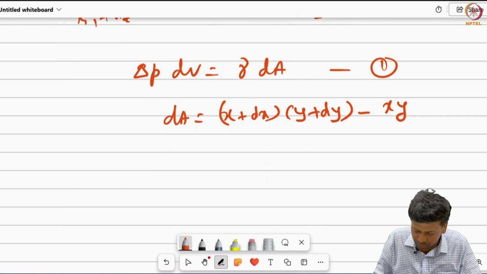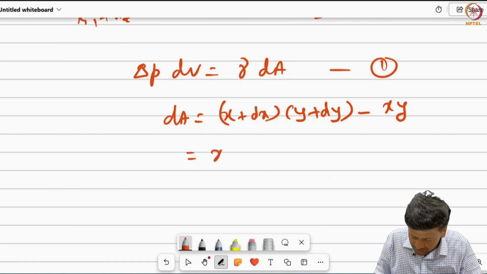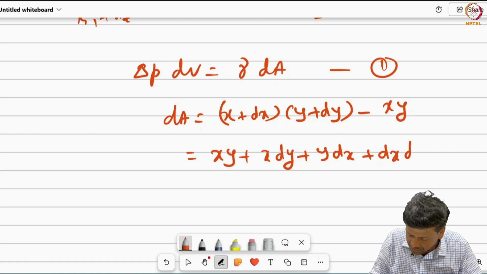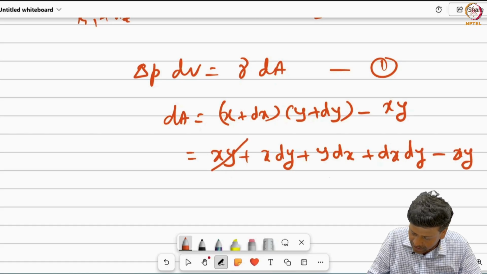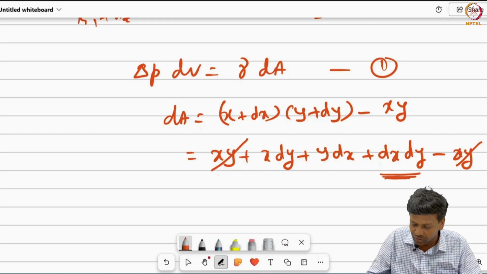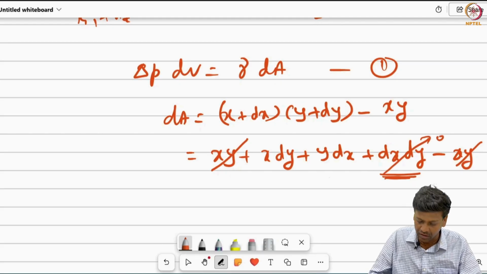So if I simplify this further, this will be xy plus x dy plus y dx plus dx dy minus xy. So I can cancel xy and xy. Dx itself is very small, so dx dy will be negligibly small, and we can actually ignore this one.